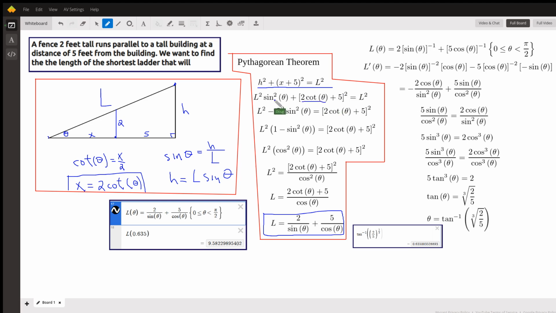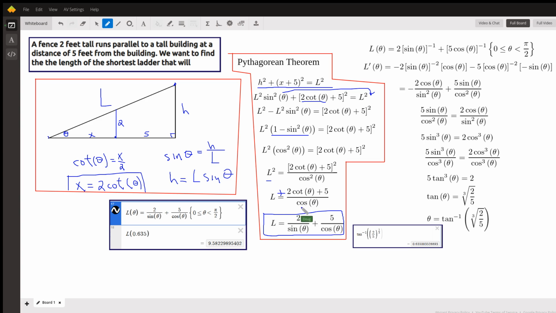And if I move this L squared sine squared theta over here and factor out the L squared, this is the cosine squared of theta. If I divide both sides by the cosine squared of theta, I get this. Then take the square root using the positive square root.